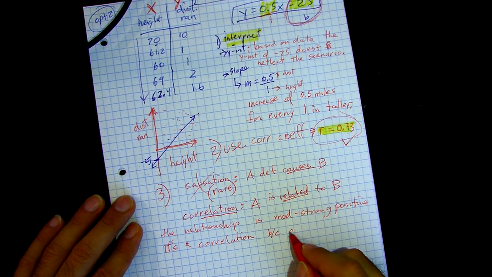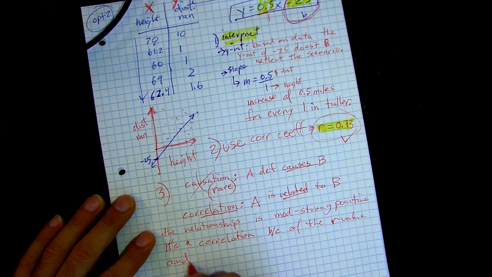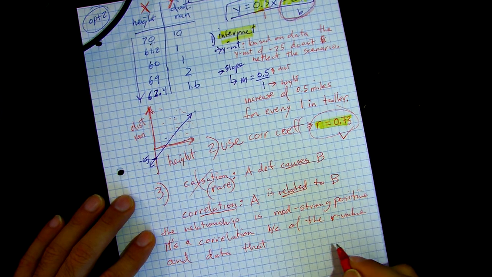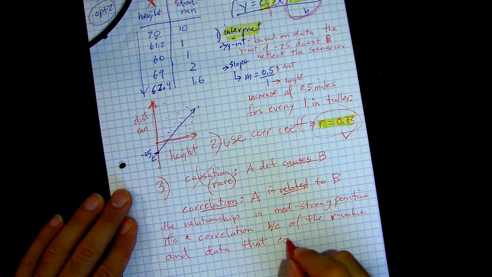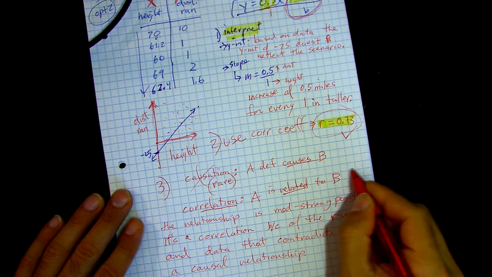Because of the R value and data that you could say contradicts a causal relationship. And that's a lot of writing, but that's what you have to write.